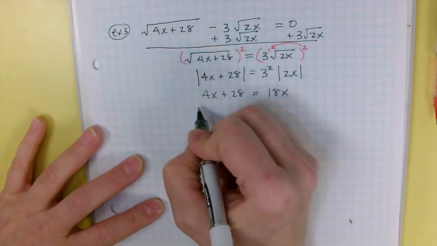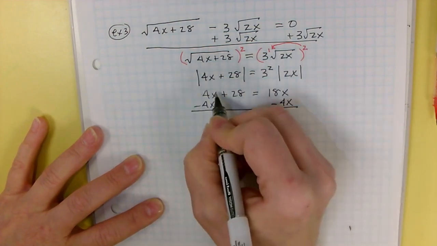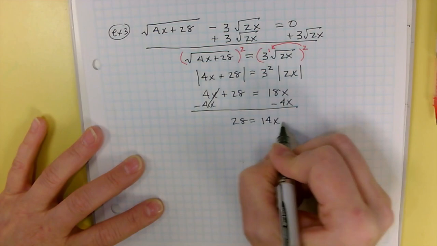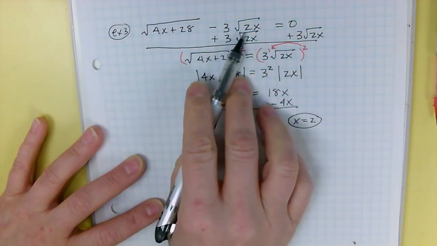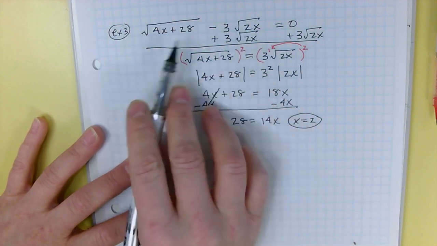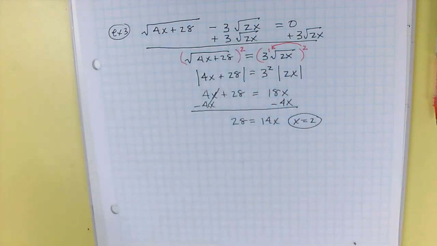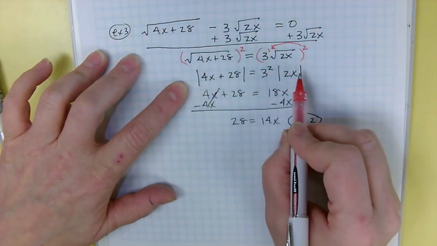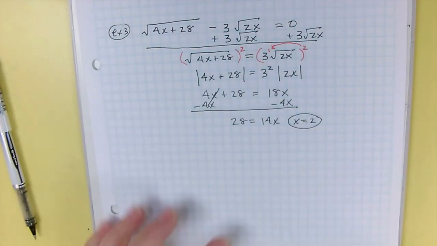And this is just regular solving, so we're going to subtract 4x. And that gives us 28 equals 14x, so obviously x equals 2. 2 does not create a negative under this radical. 2 does not create a negative under that radical, so it's good. Again, this one had a plus minus on the left and a plus minus on the right, so there is only the one solution.